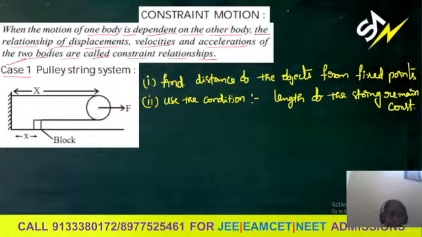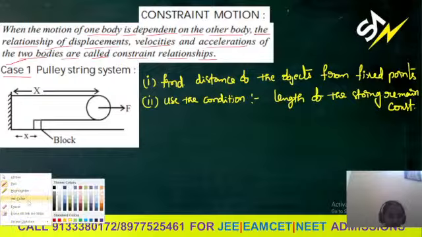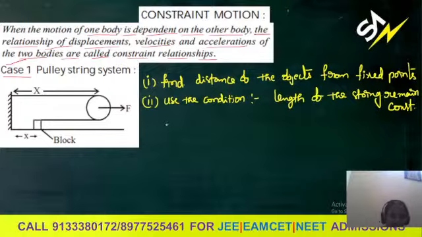So let us deal with this situation, pulley string system. First, what we have to do is find the distance of the objects. You can see there is an applied force on the pulley. We did not give any mass here, so consider it a massless pulley. Now, the pulley is at what distance from the support? This is the fixed position.